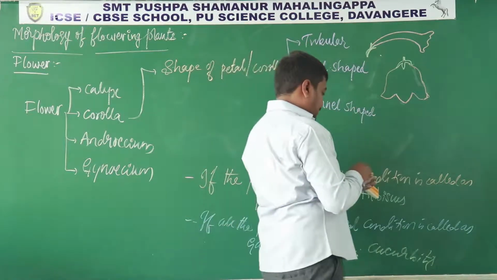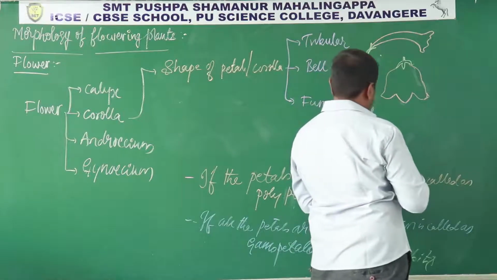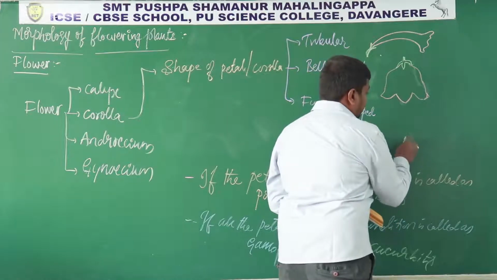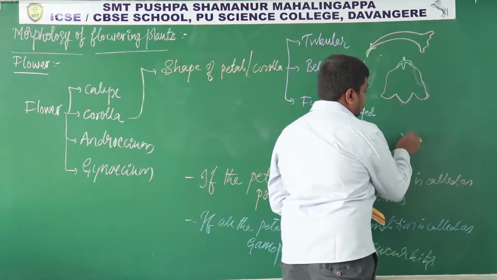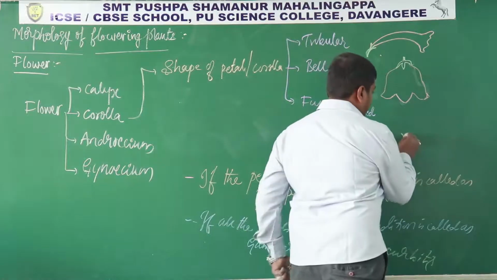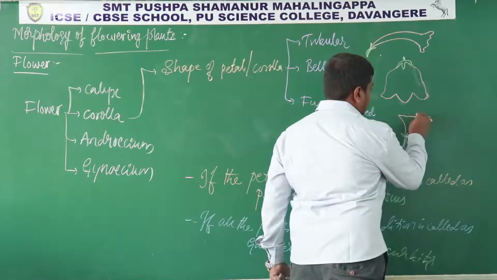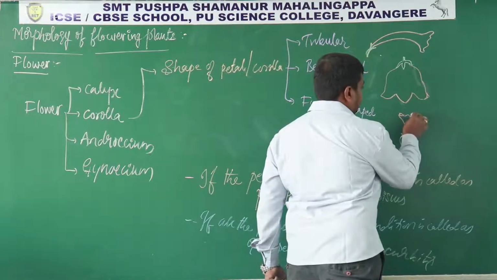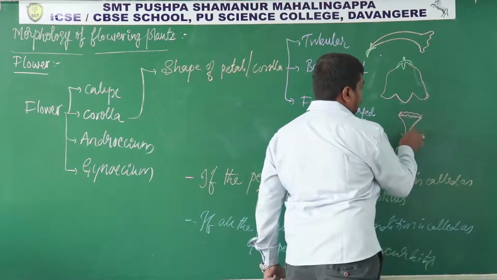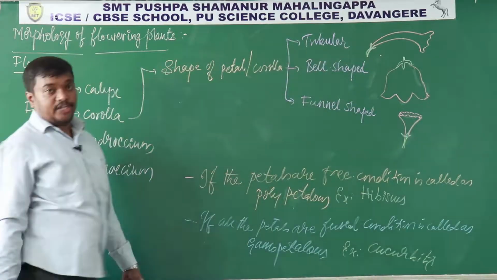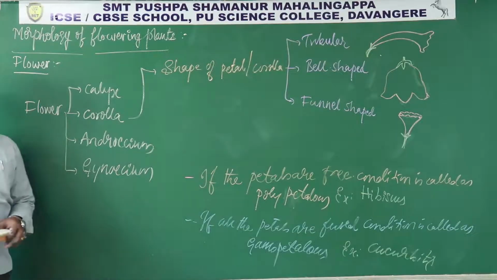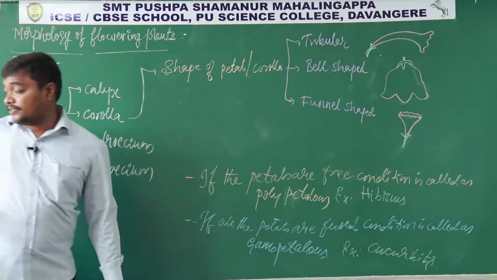Funnel shaped means the flower is tubular, then if it is like this, this is called funnel shaped. So funnel shaped flowers. Like this, different shapes of flowers are there. So these are the different shapes of flower.